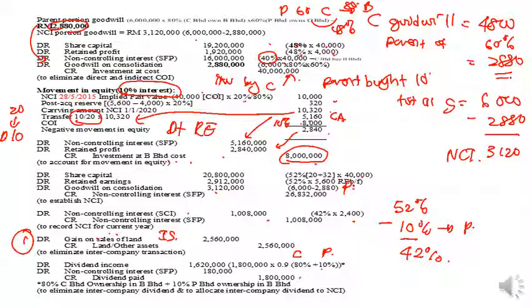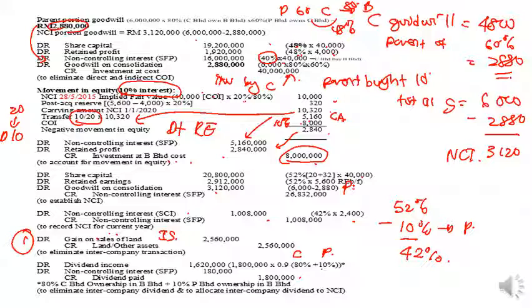Okay, and then the transaction between P and B here is only item number 2. Item number 2 sold a piece of land at a price of 5 million, and then the amount of gain here is from the income statement. So debit gain on sales, and then credit land or other assets.